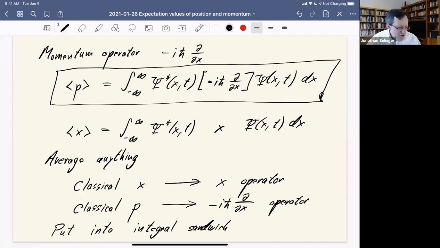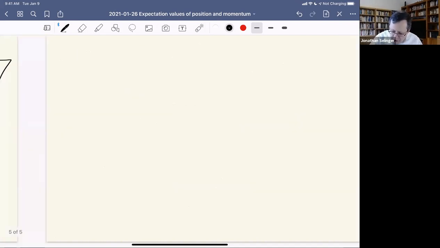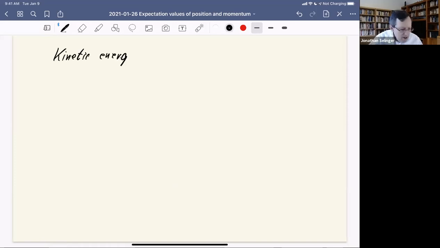Okay. So what kind of thing could you calculate? How about the kinetic energy? Classically, the kinetic energy is a half mass velocity squared, which is the same thing as p squared over 2m.